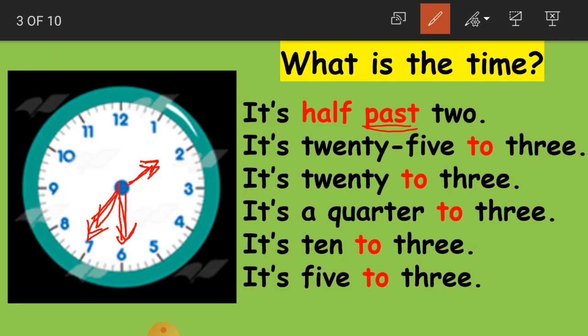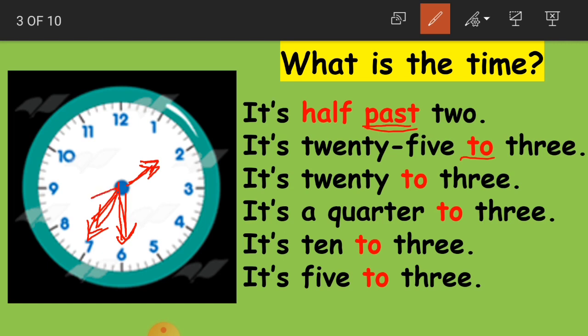But now, because we are getting closer to 3 o'clock, you can say it like this. It's 25 to 3. It's still 25 minutes to have 3 o'clock. So 25 to 3.